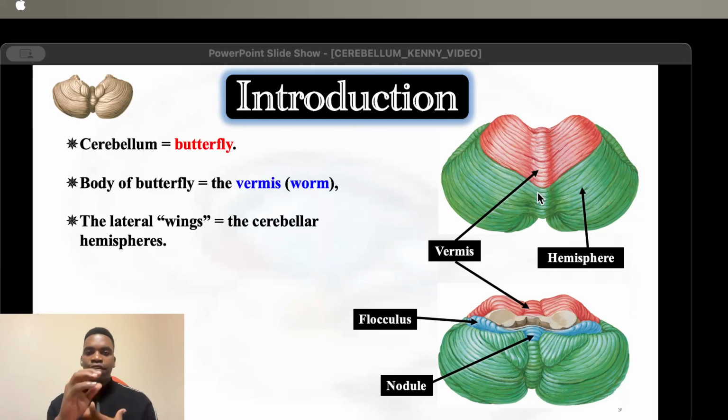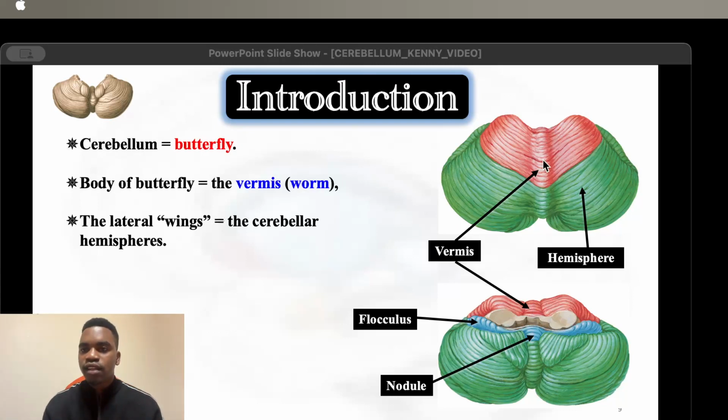When you flip it upside down, it looks like this structure here. It is still butterfly shaped, but you see that the vermis is not continuous on the inferior surface.